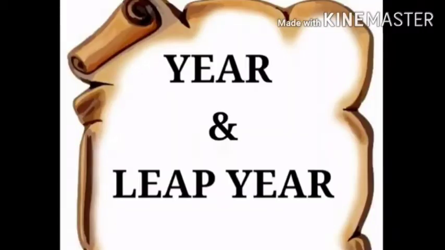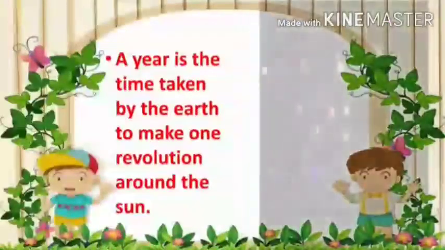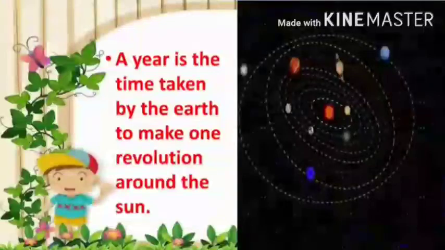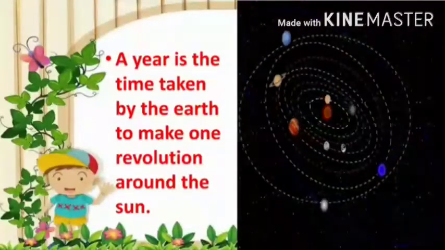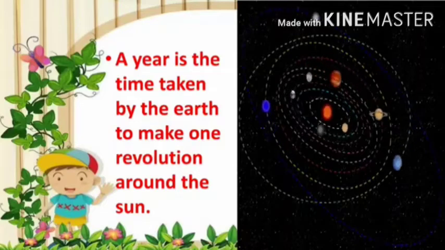In this session today we are going to see how to convert year into months and days and how to find the leap year. A year is the time taken by the earth to make one revolution around the sun.